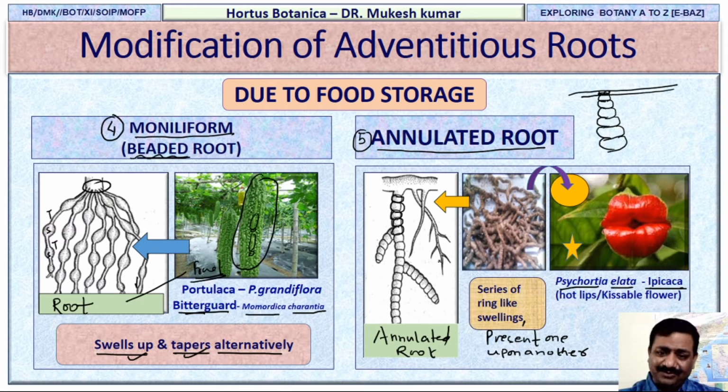But you will not recall the annulated root of Psychotria by its root; you will definitely remember this plant by its flower. See the beautiful flower. It invites you for kissing.